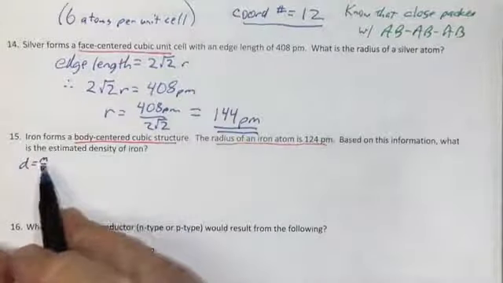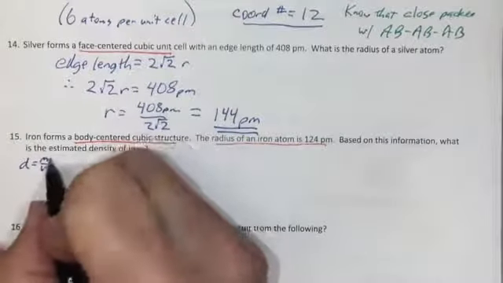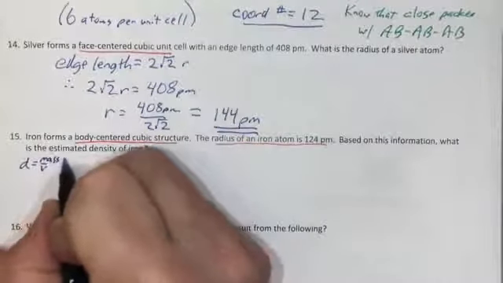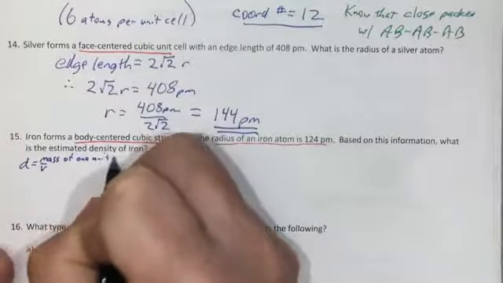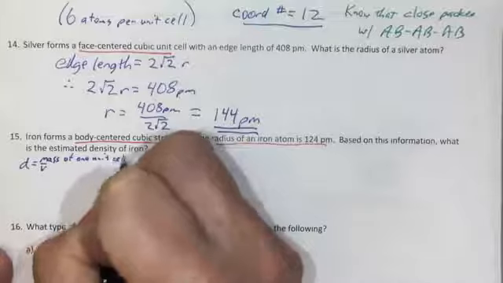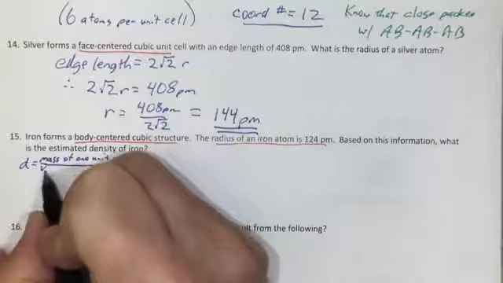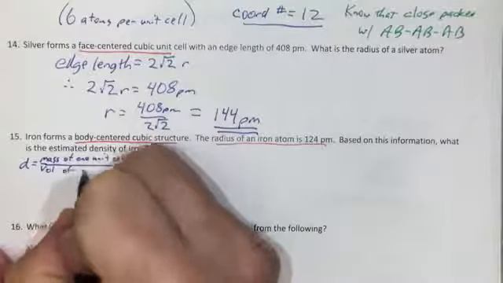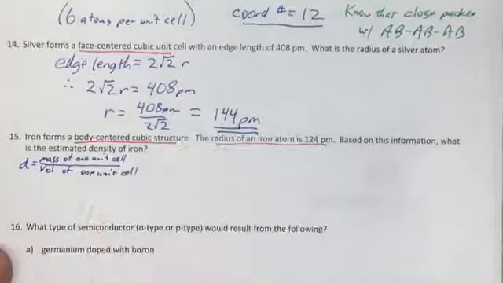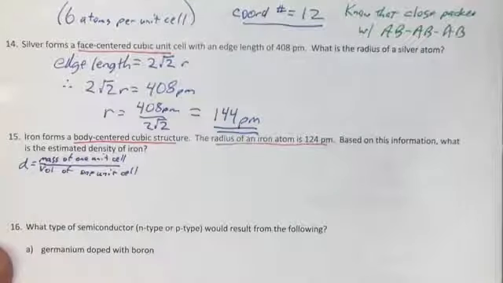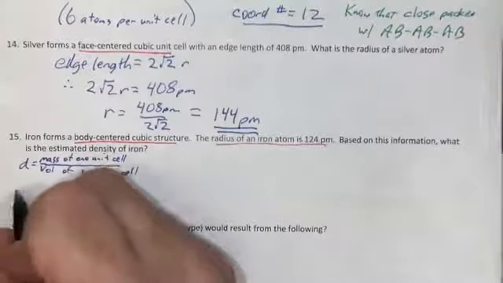And so I can calculate the mass of 1 unit cell divided by the volume of 1 unit cell. So the mass of 1 unit cell over the volume of 1 unit cell. Okay, so let's calculate the mass of 1 unit cell.